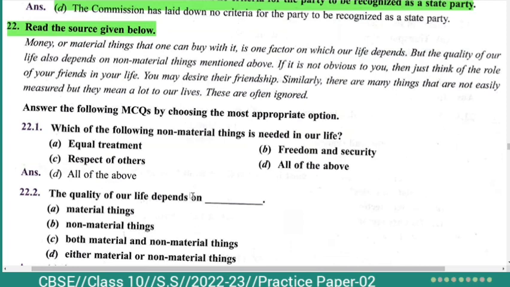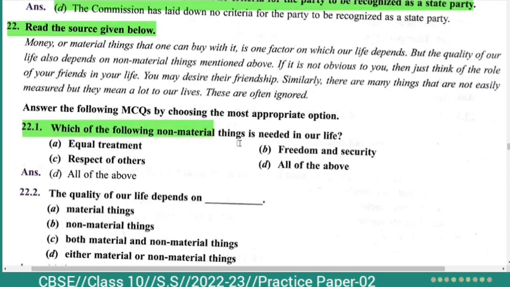If it is not obvious to you, then just think of the role of your friends in your life. You may desire their friendship. Similarly, there are many things that are not easily measured, but they mean a lot to our lives. These are often ignored. Answer the following MCQs by choosing the most appropriate option.